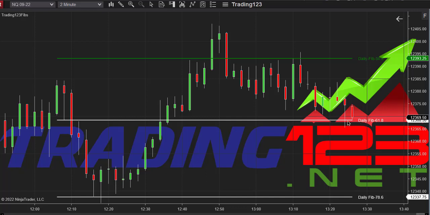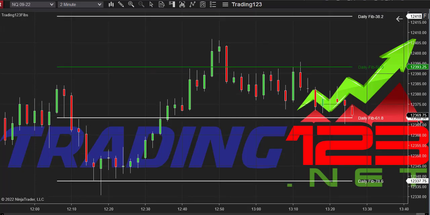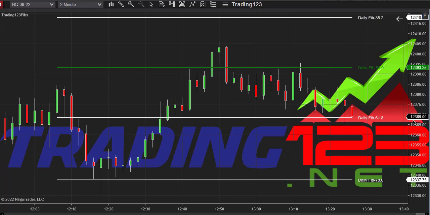Support and resistance is the key. And as you see right here, it's holding up. So I often get emails from people asking, why did the price action just stop right there on a dime? Well, it all has to do with support and resistance. And that's the Trading123 Fib Indicator, one of the best indicators out there for trading price action and knowing your support and resistance levels.